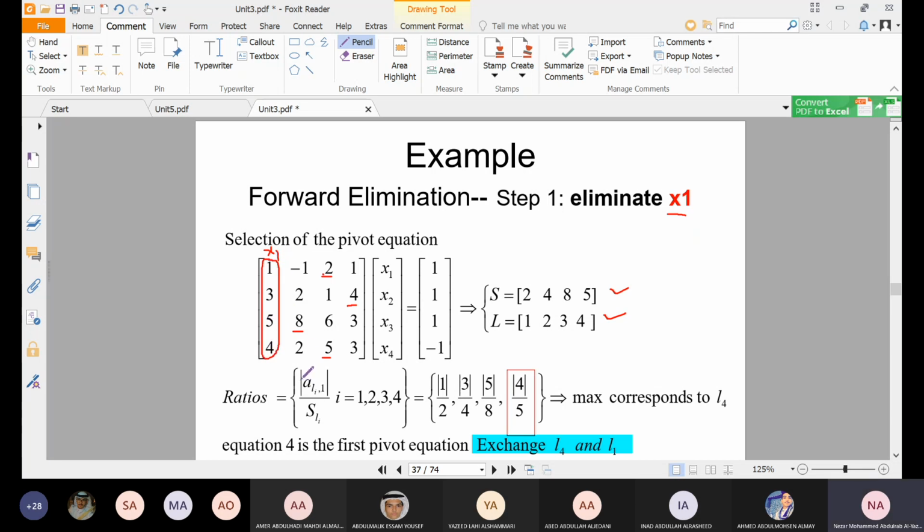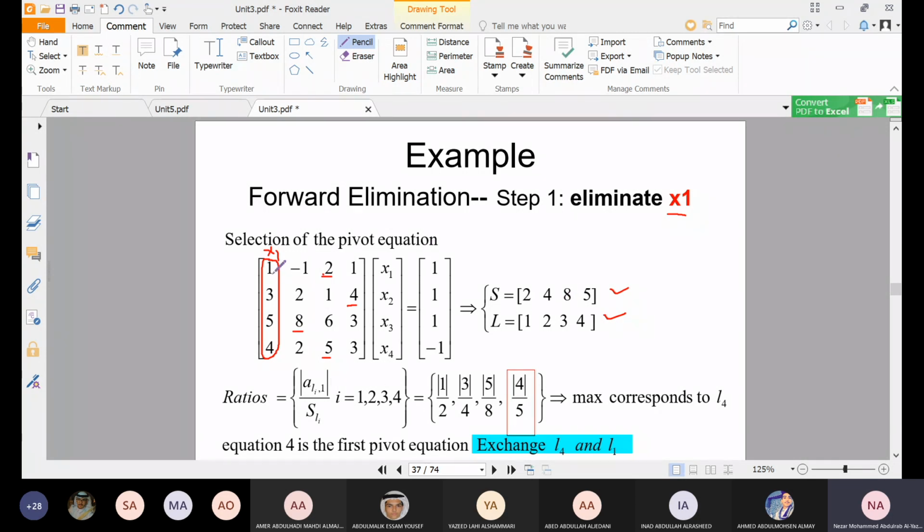What we do now is take the ratio between the coefficient in the pivot position with respect to the scale. The row that has the maximum ratio will be considered the first pivot equation.